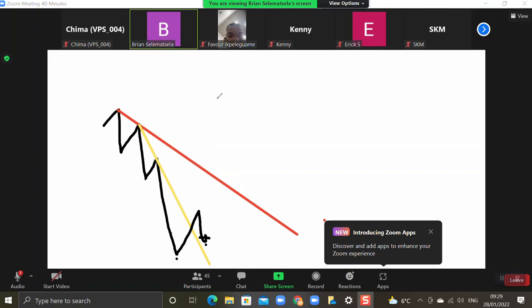Because sometimes you draw a footprint line, and you find that the market just consolidates around, just plays around.